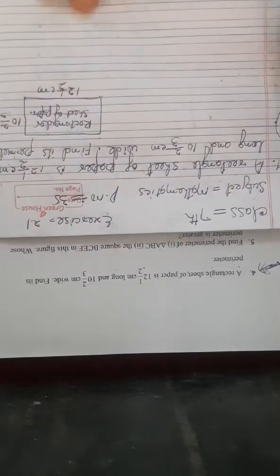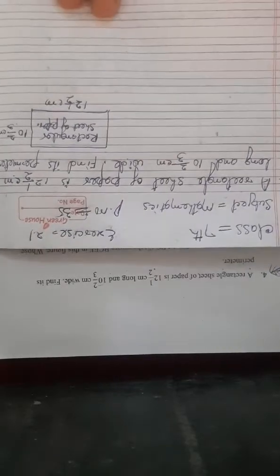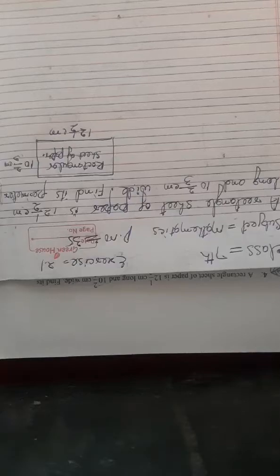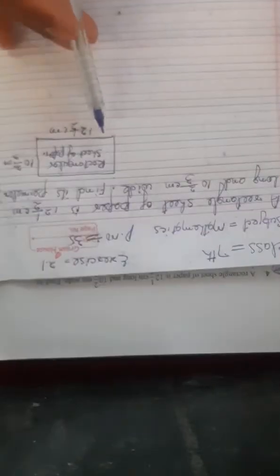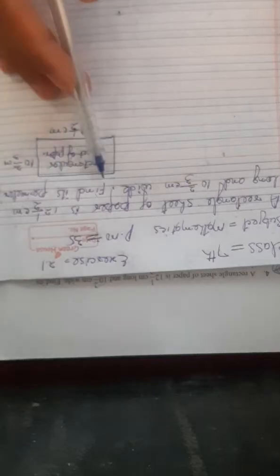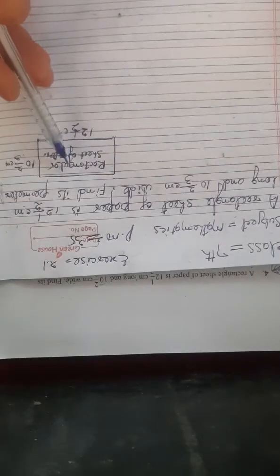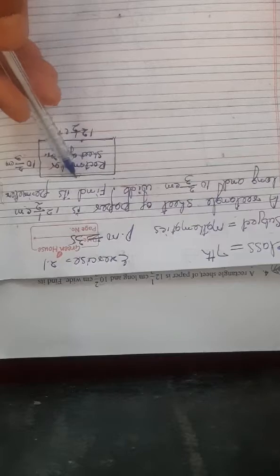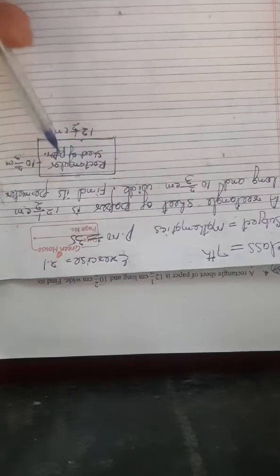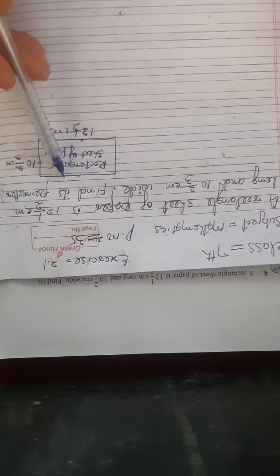Find its perimeter. If we simply say, what is the perimeter? Perimeter is the length of the boundaries. If we add this side to this, and this is a rectangular sheet, this side and this side are equal, and opposite sides of a rectangle are always equal. Therefore this is 10 and 2 by 3, and this is 12 and 1 by 2 centimeter.